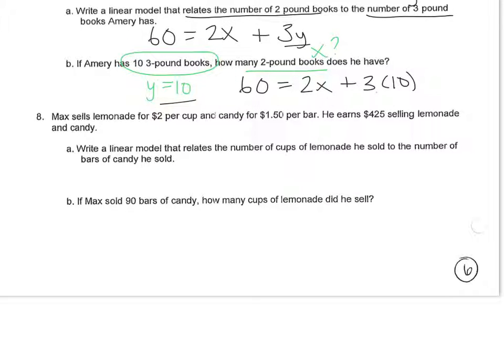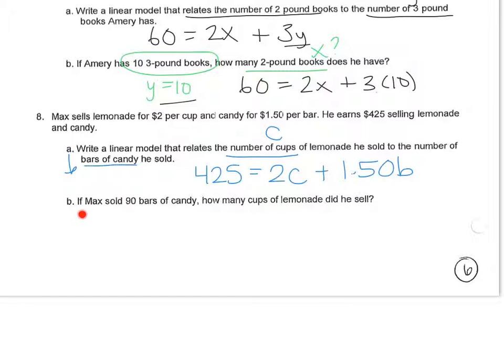This is kind of similar, the next one too. Max sells lemonade for $2 per cup and candy for $1.50 per bar. Write a linear model that relates the number of cups of lemonade he sold to the number of bars he sold. Number of cups C, number of bars B. He made $425, and sold $2 per cup of lemonade plus $1.50 per bar.